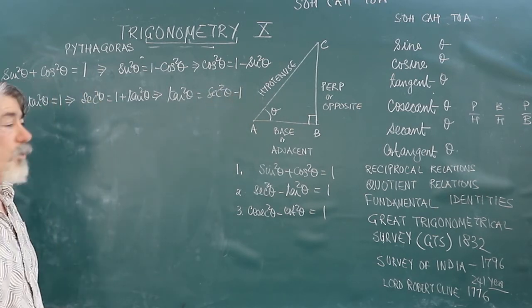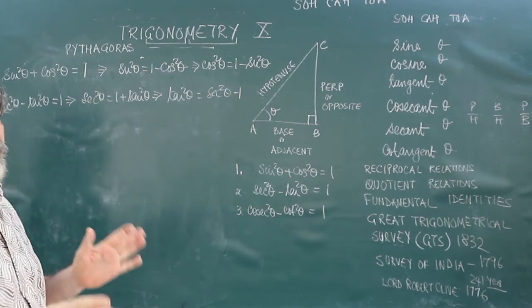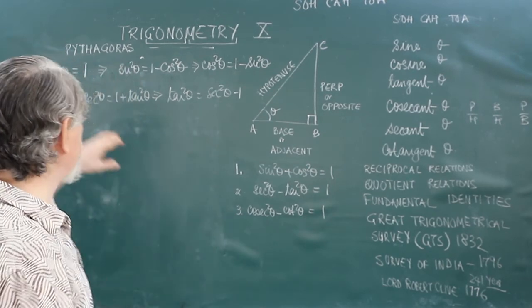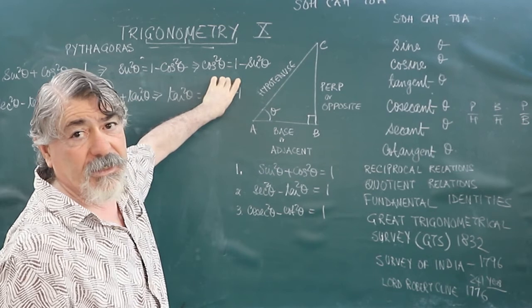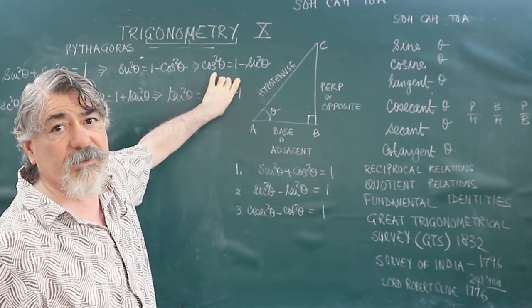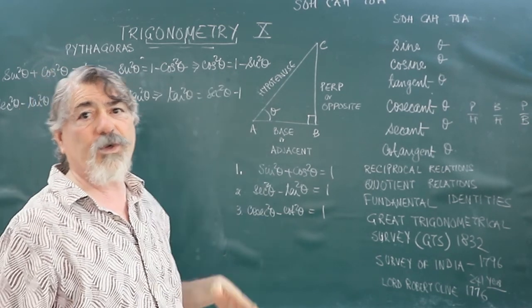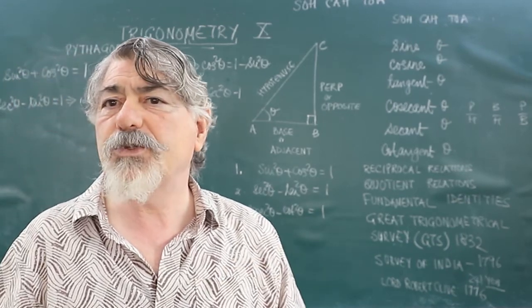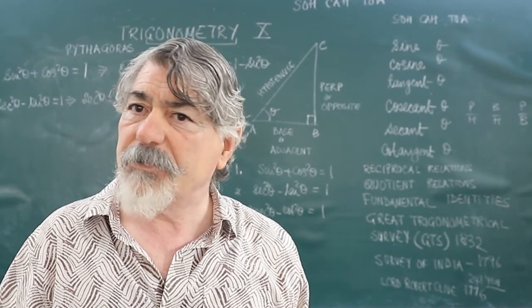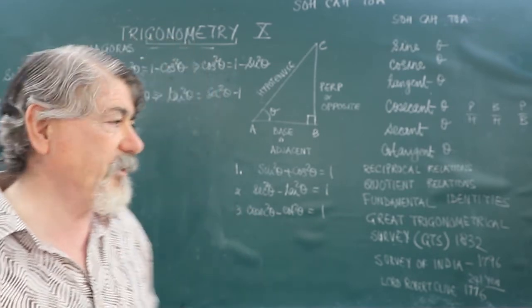Whether you want sec square theta in terms of tan square theta, or tan square theta in terms of sec square theta, depends upon the necessity of applying it to a question.